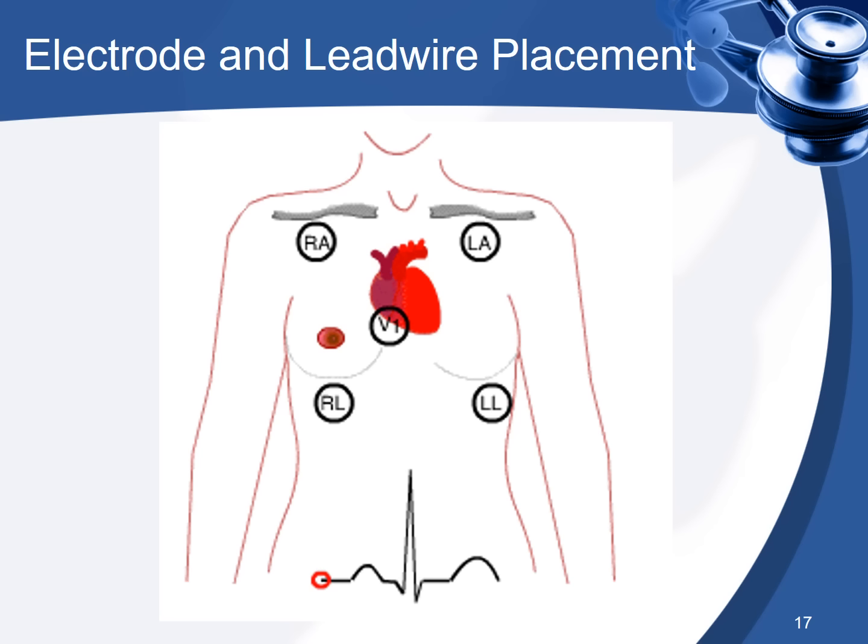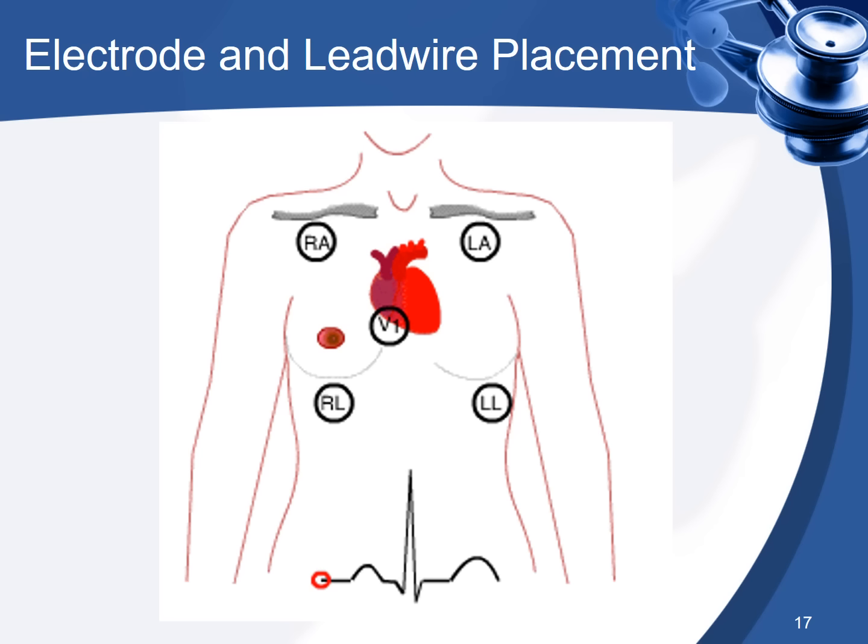One thing to remember, especially for your female patients that have larger breasts: you don't ever want to put those left leg and right leg lead wires right under their breast, because that is not going to have good contact. Most of the time it's moist and oily, so you do not want to put it under there. It also can cause skin breakdown.